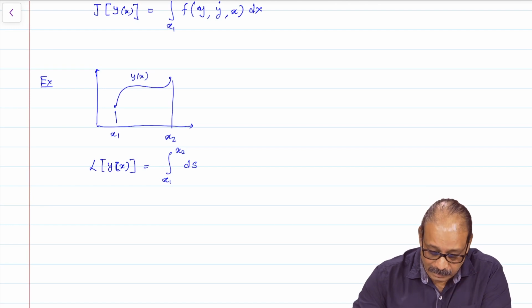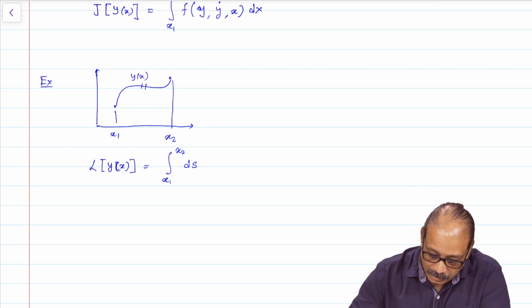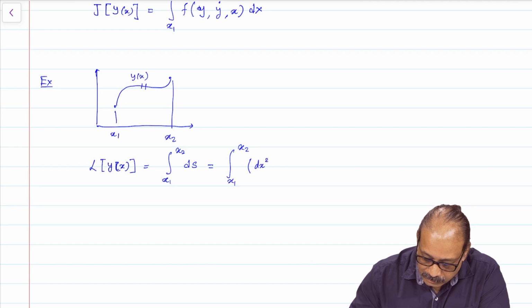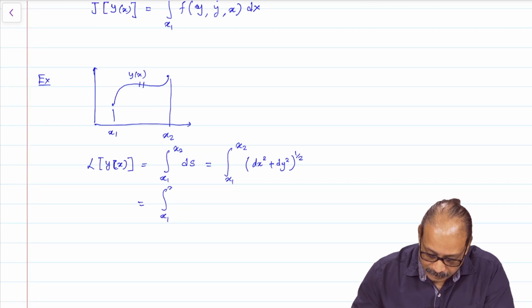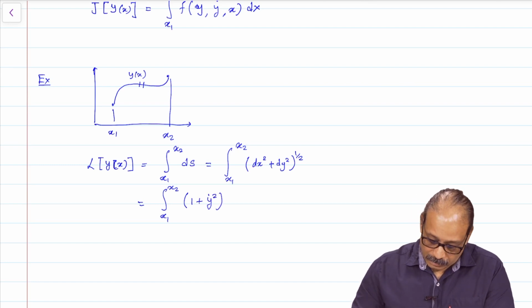But what is ds? ds is a small element here, and assuming that this is a Euclidean plane, this would become the integral from x1 to x2 of dx square plus dy square to the power half, and that I will write as the integral from x1 to x2 of 1 plus y dot square to the power half dx.